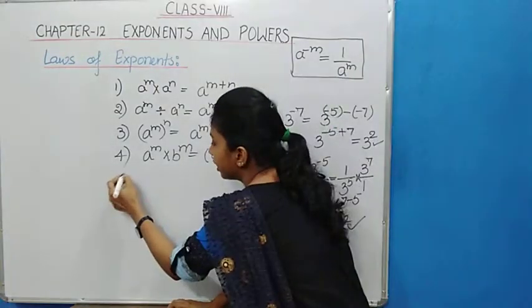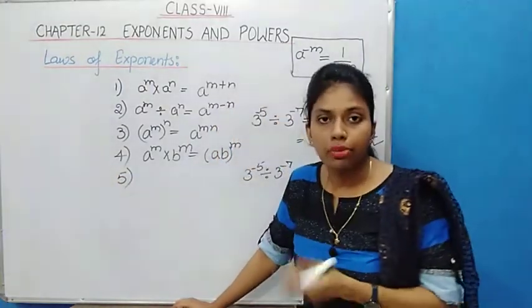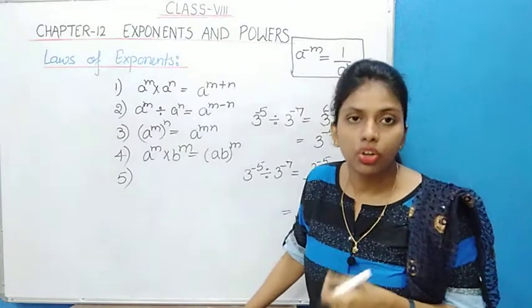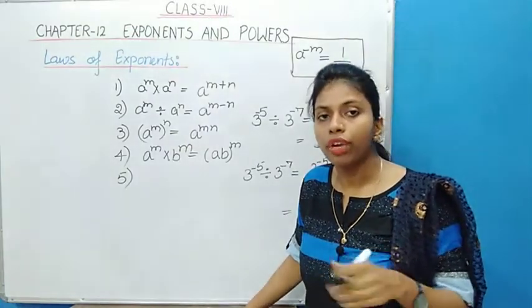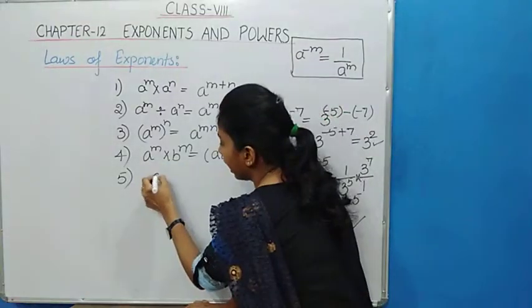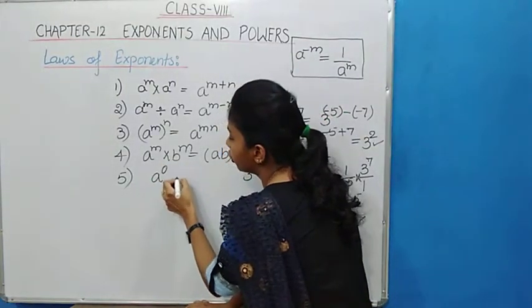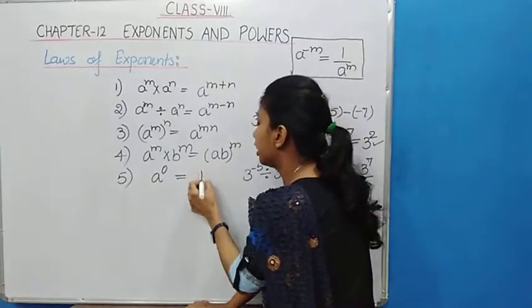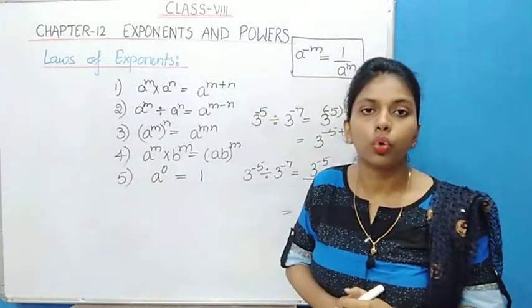Now the fifth identity is that whenever we put 0 as the power of any number except 0, like A raised to power 0, what we get is always equal to 1.